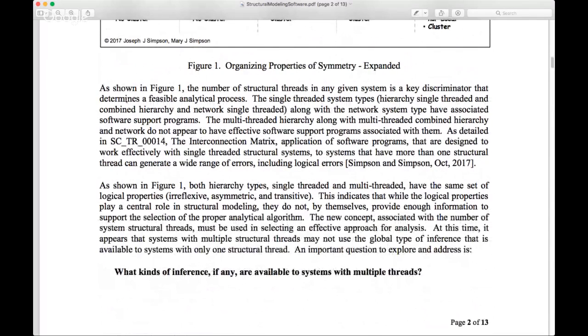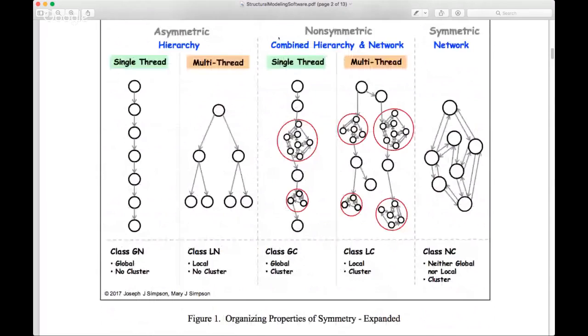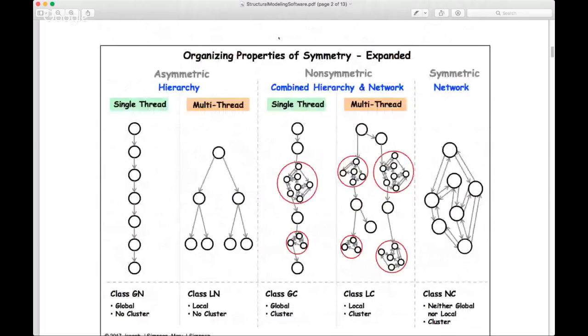So what we found is that even though the logical property groups are important in looking at and evaluating the semantics of structure, they're really not a key discriminator.